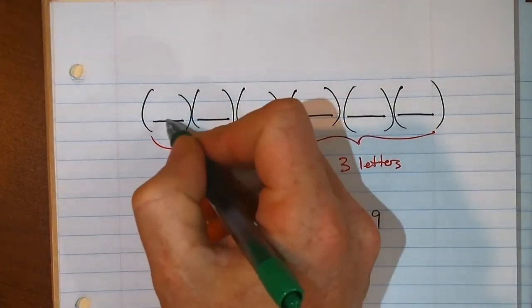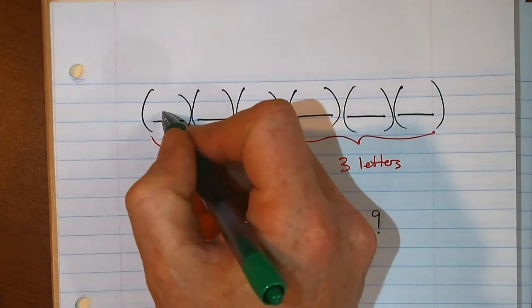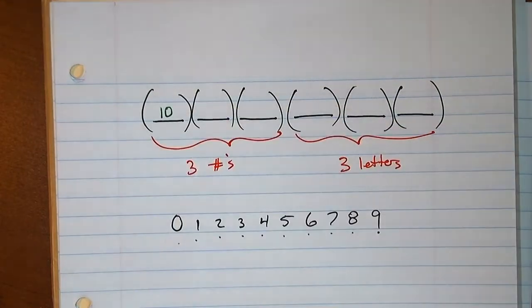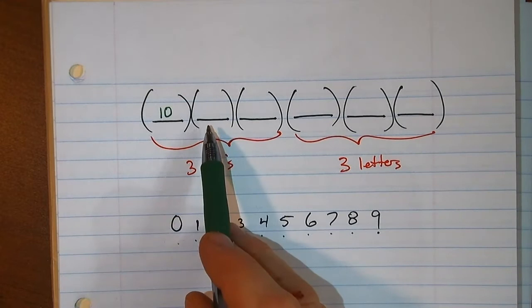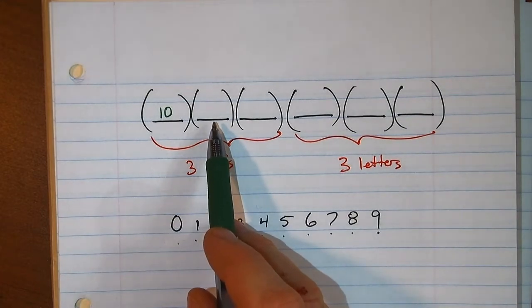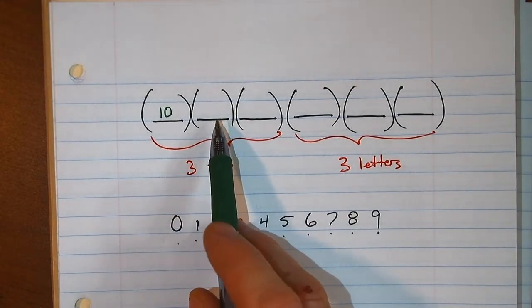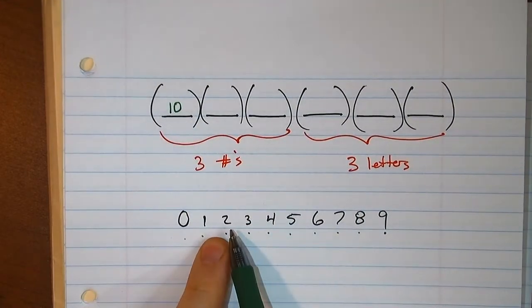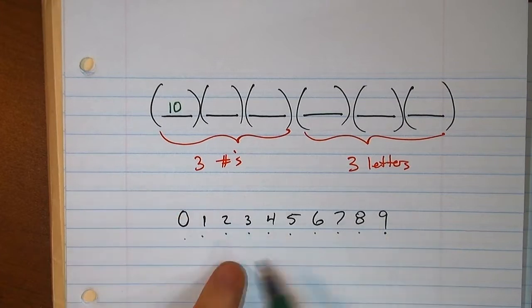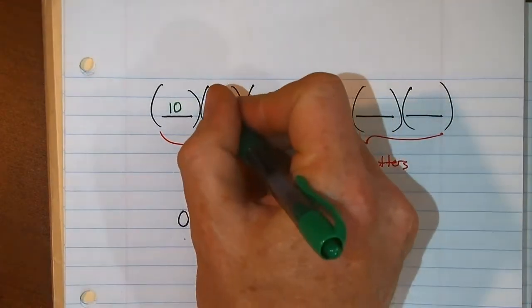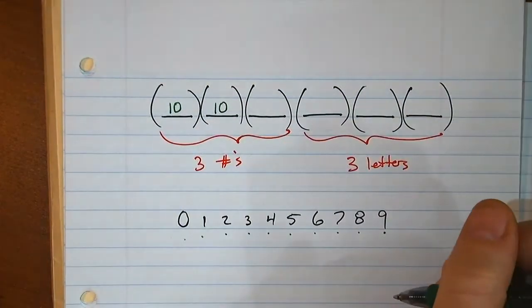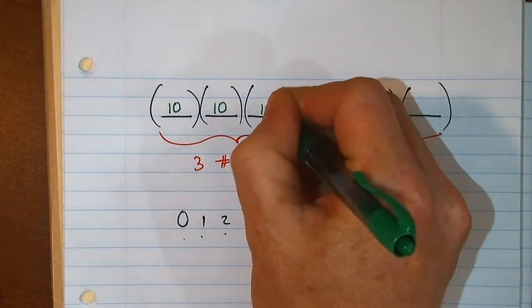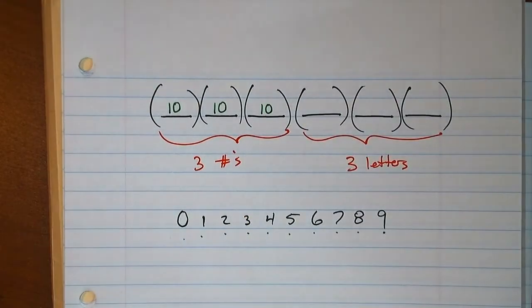So how many options do I have when I pick a single digit number? I've got 10 options. The next time I pick a single digit number, remember, we're assuming that replacements are okay. So even if I put a 2 in the first spot, I can still pick a 2 again for the next spot on my license plate. So I think I have 10 options still. And then that would be true for the third spot, still 10 options.